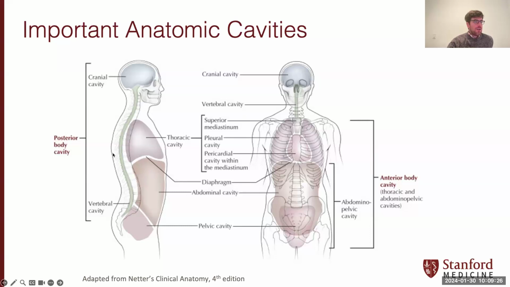So this is where your heart and your lungs live. And then there's the abdominopelvic cavity, which is where the abdominal organs live. And it's again separated from the thoracic cavity by the diaphragm. So probably 90% of CTs are going to be either head CTs, chest CTs, thoracic CTs, or abdominal pelvic CTs. And that's because these are sort of the three major areas where pathology tends to happen in the acute setting.